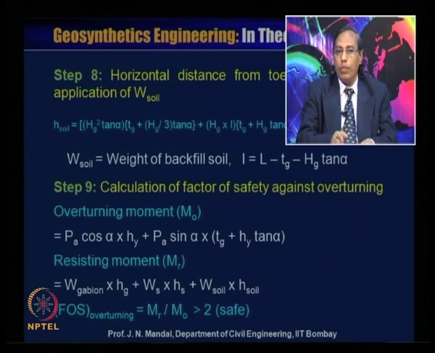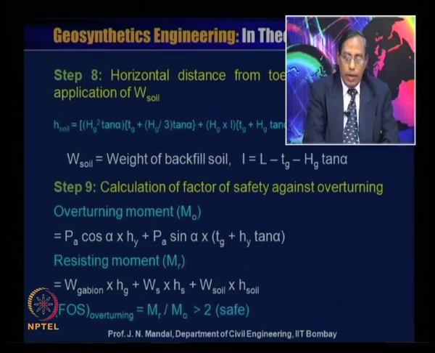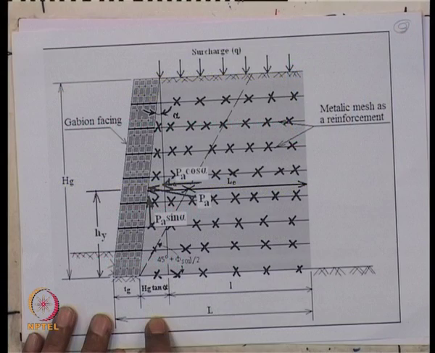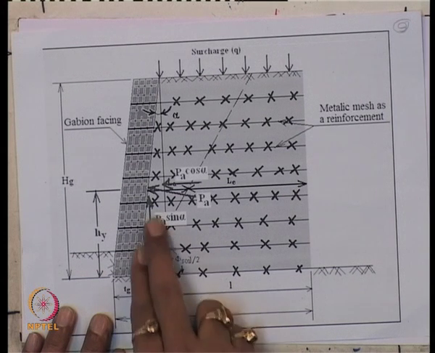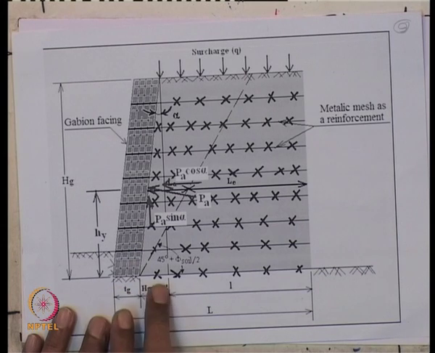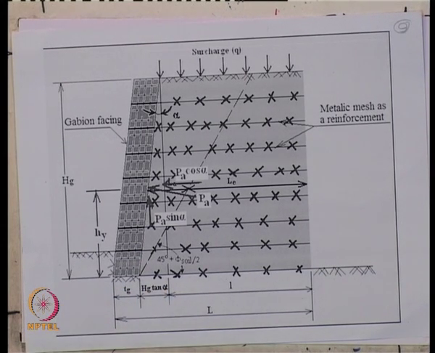So you are taking the moment at the toe. This is Pa cos alpha, and this is the Hy, so Pa cos alpha into Hy, and this is the Pa sin alpha, and this is also acting at Tg plus Hy tan alpha.